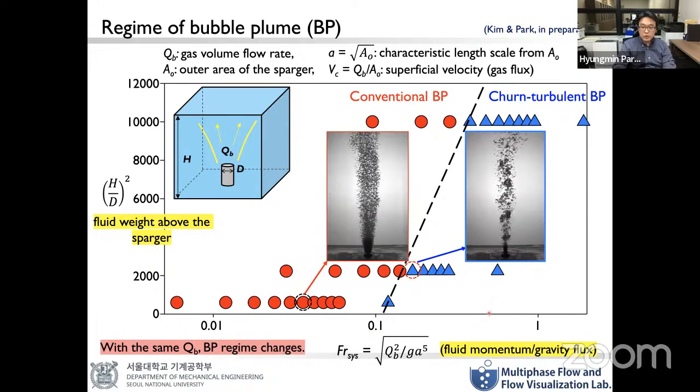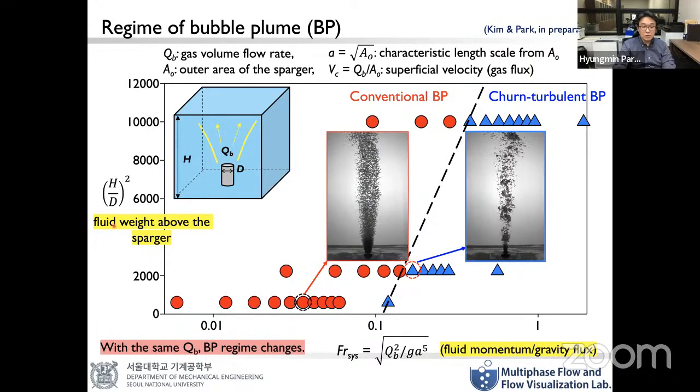And then we found out this can be categorized as a function of the root number on the x-axis, which is the ratio between fluid momentum and the gravity flux, and the y-axis is H, the tank size, and D, the spuddle size, and their ratio.